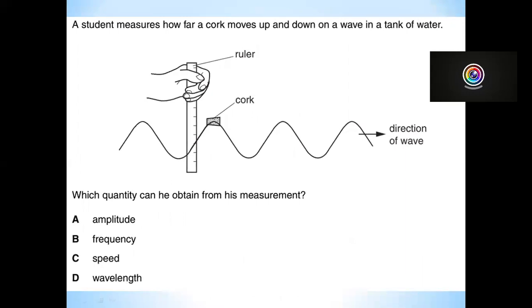Another question. A student measures how far a cork moves up and down on a wave in a tank of water. Which quantity can he obtain from his measurement? Attempt this question and send me the answer.